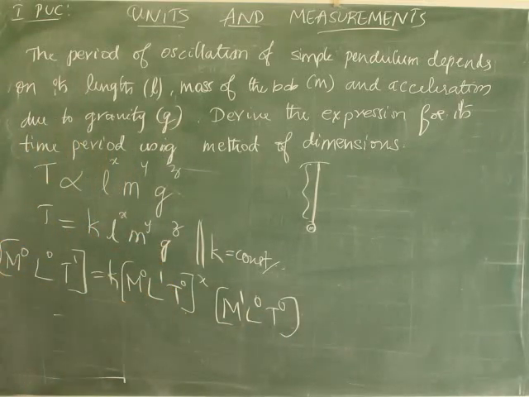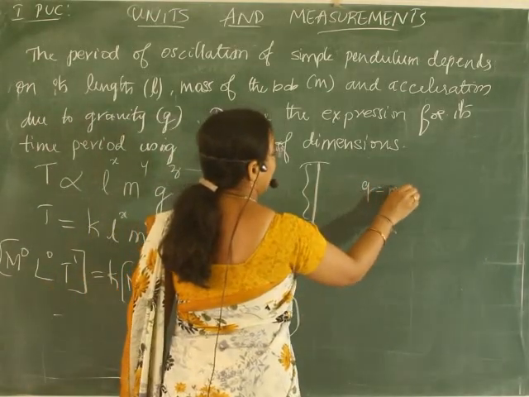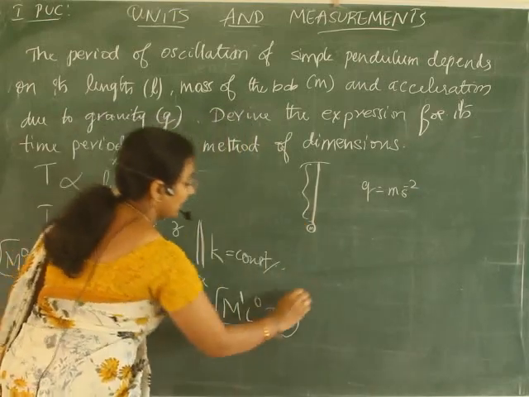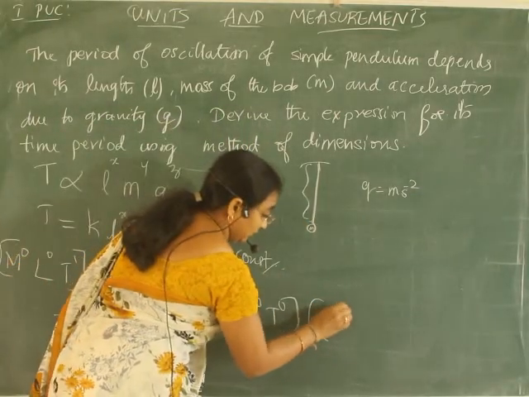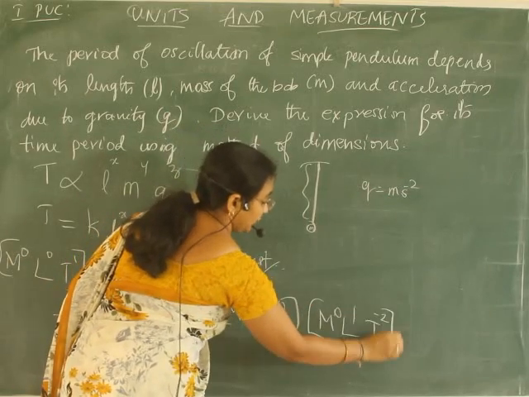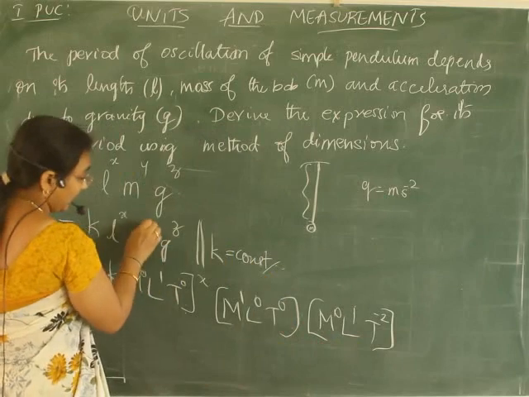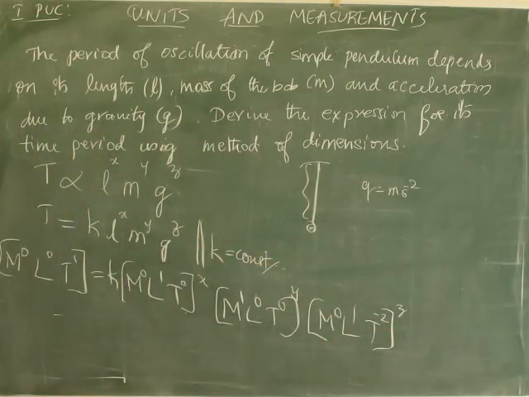For mass, there is no length, time to the power 0. Last one is acceleration due to gravity. What is the SI unit of acceleration due to gravity? Meter per second square. So how can I write the dimension? M is 0, L is 1, T to the power minus 2. We forgot to write y and z. Correct?